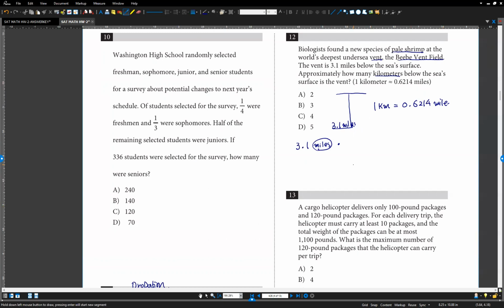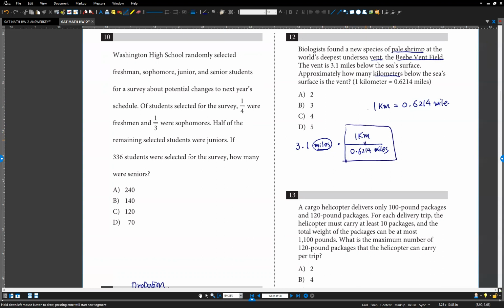But you cannot substitute over here. In this case, you have to multiply by what? The converting ratio, right? When you have a mile over here, the bottom is a mile. So 1 kilometer equals 0.6214 miles. This is the converting ratio.